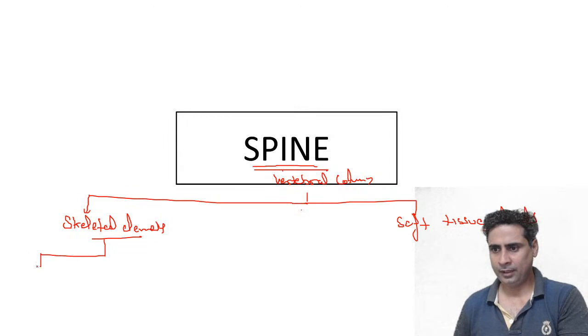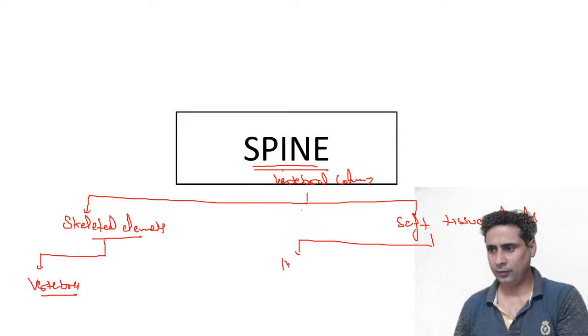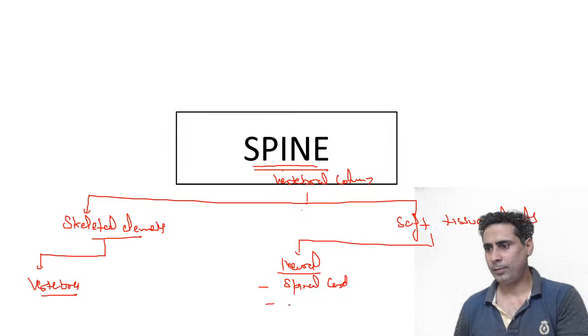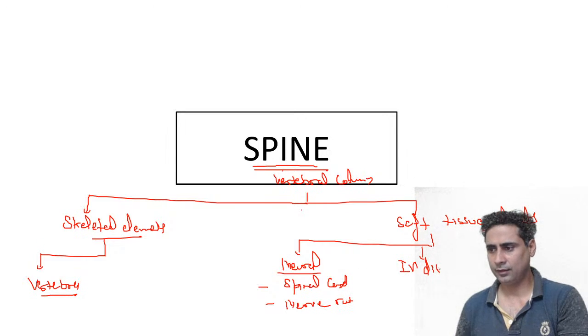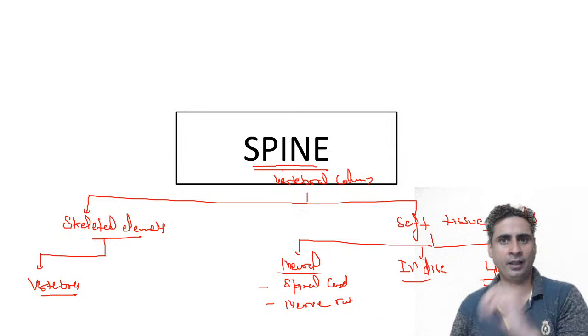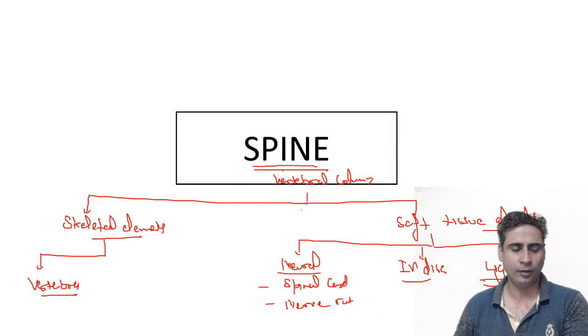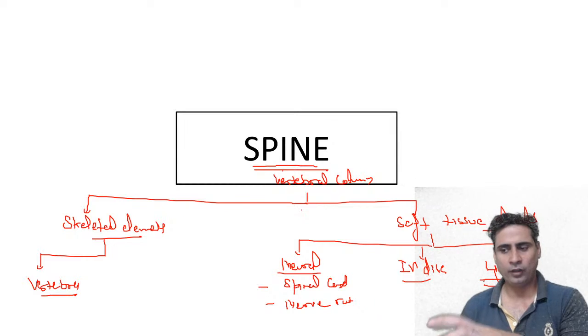In skeletal elements we have vertebrae, and in soft tissue elements we have two parts. One is the neural element, that is the spinal cord and spinal nerves with their nerve roots. We have the intervertebral disc, and we have various ligaments: interspinous ligament, supraspinous ligament, intertransverse ligament, ligamentum flavum. Okay, so these are the parts of the vertebral column.